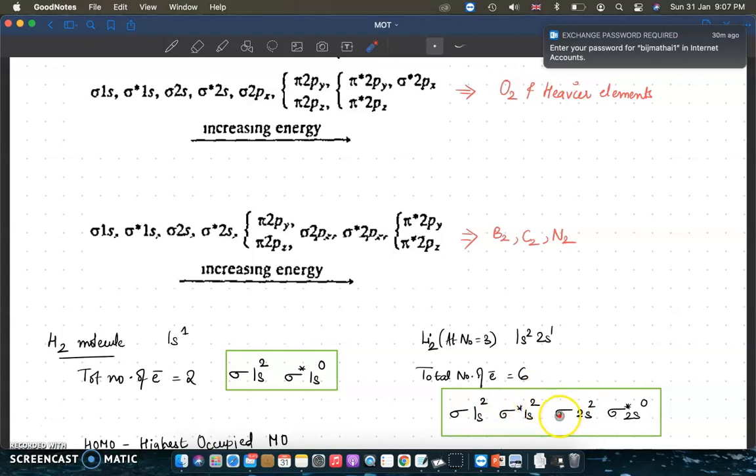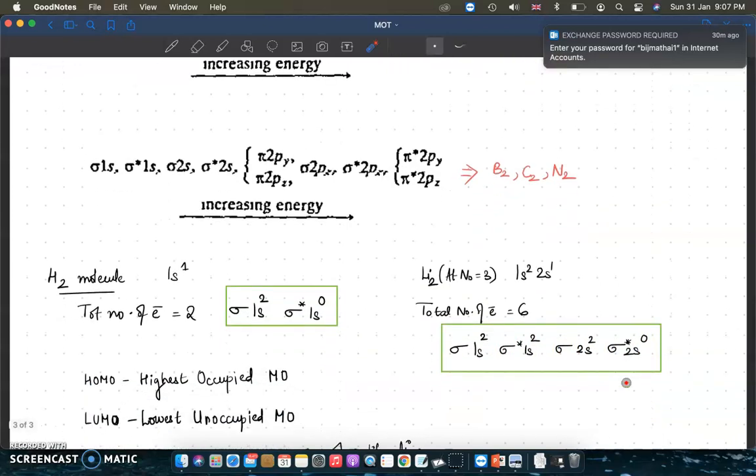Then we have sigma 2s2, so the electrons are filled in the next higher energy orbital, sigma 2s, with 2 electrons, so a total of 6 electrons has been accommodated. Since we have written the bonding, we have to write the corresponding anti-bonding as well. So this is the electronic configuration for the Li2 molecule.